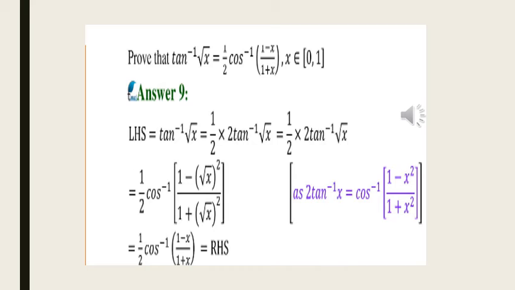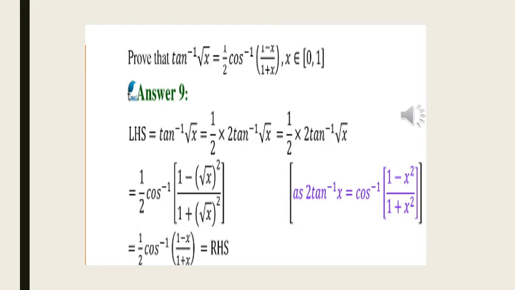So we take the left hand side, that is equal to tan inverse root x. Since you need 2 for applying the property, this can be written as 1 by 2 into 2 tan inverse root x, correct? Why did we introduce 2?